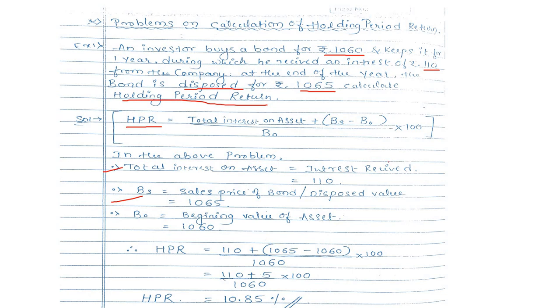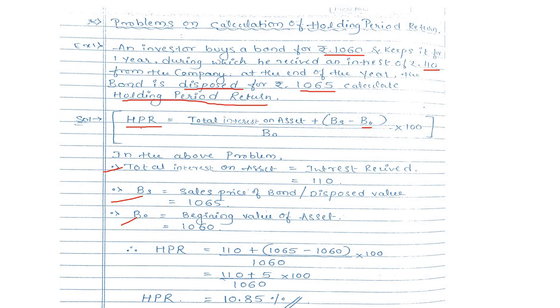B naught is the beginning value of the asset or bond. Now by using this formula, we calculate the value of the holding period return.